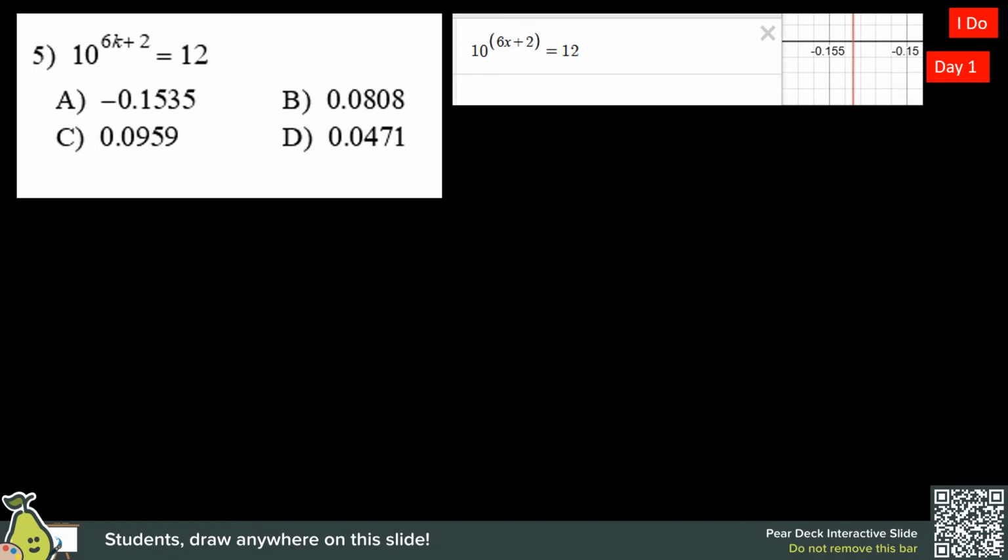So this problem here, it's asking us to solve for k. It's a multiple choice question here. The way I want you guys to approach questions like this, just because if we were to do this by hand, if we said 10 to the power of 6k plus 2 equals 12.